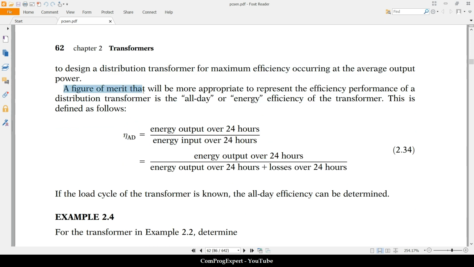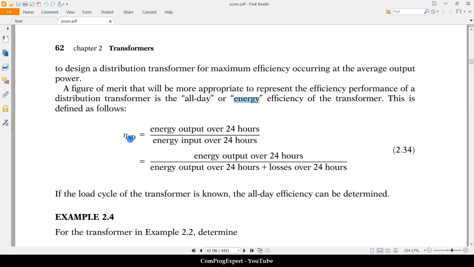A figure of merit that will be more appropriate to represent the efficiency performance of a distribution transformer is the all day or energy efficiency of the transformer. This is the definition.